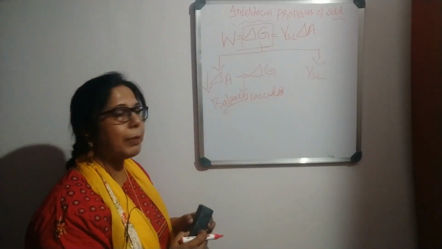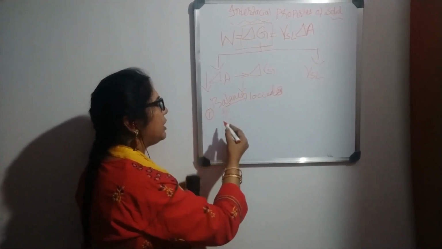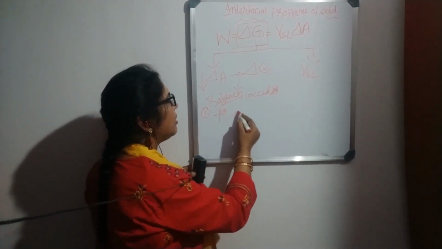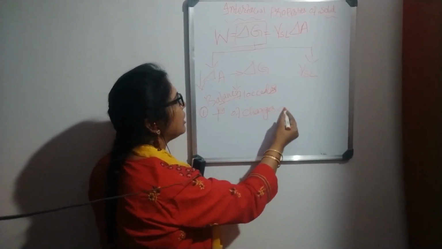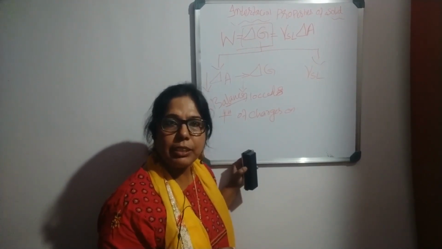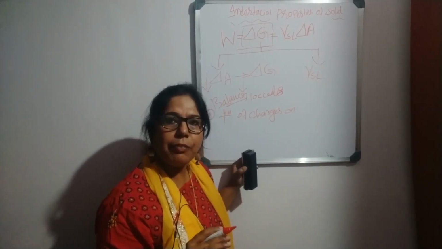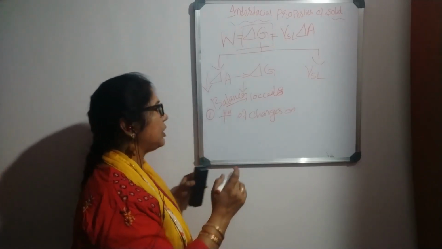This can be achieved by considering 3 points. One, by the addition of charges. By the addition of charges onto the solid particles present in the suspension, we can keep the balance between the particle size and the sedimentation.